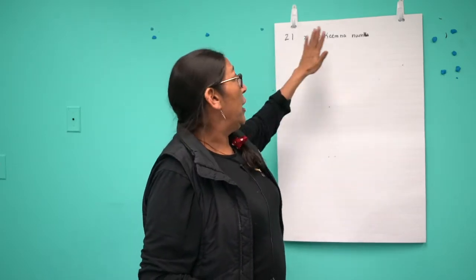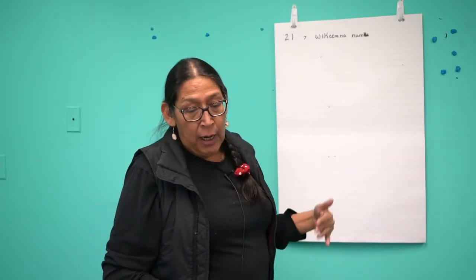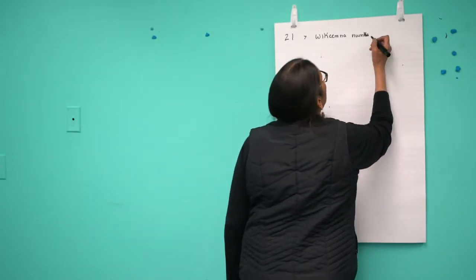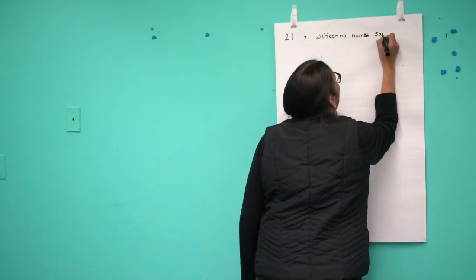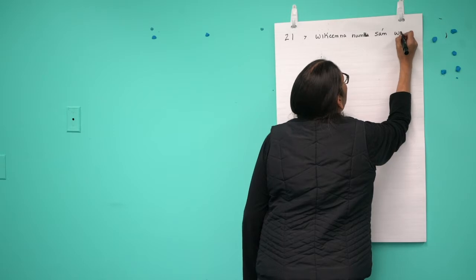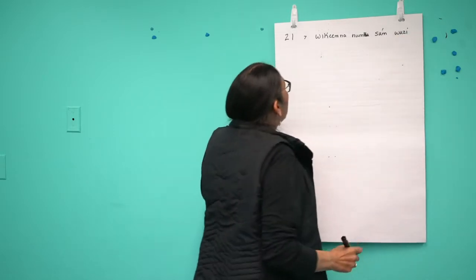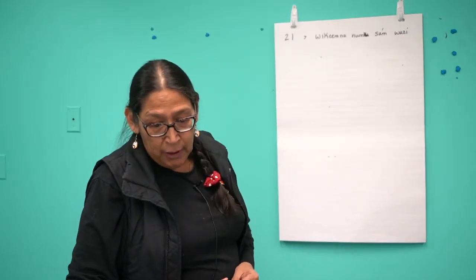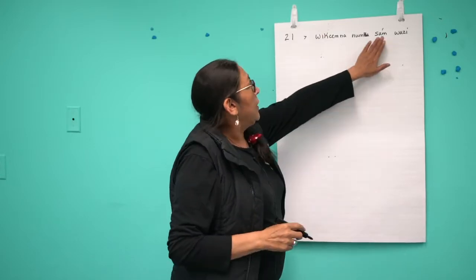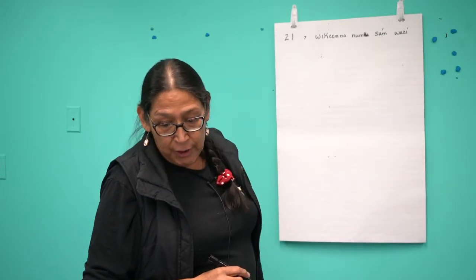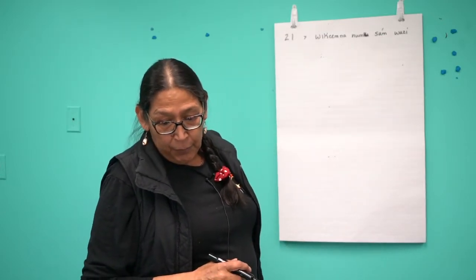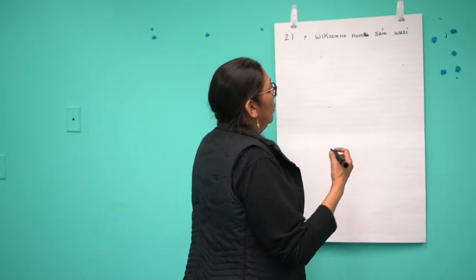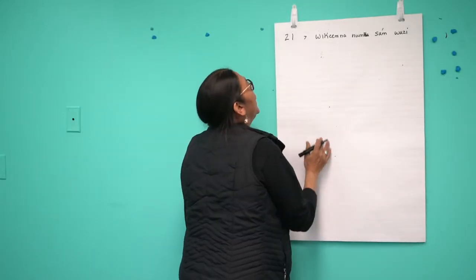Wikjemna, let's do 21, wikjemna num. Now, our age turns to sam. Sam waji. Now, this sam, it changes, it means like over this.